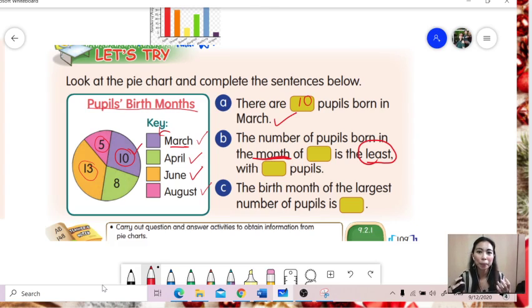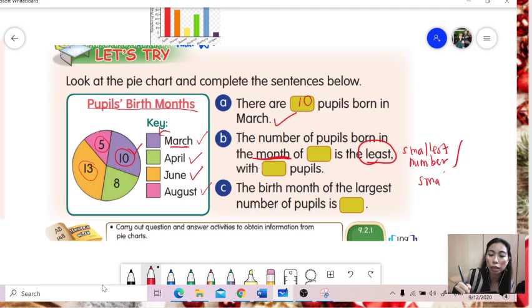You don't give a figure, you don't give a number, but you give the month. The least means the smallest number. So which month has the smallest number? It also means the smallest portion or part.